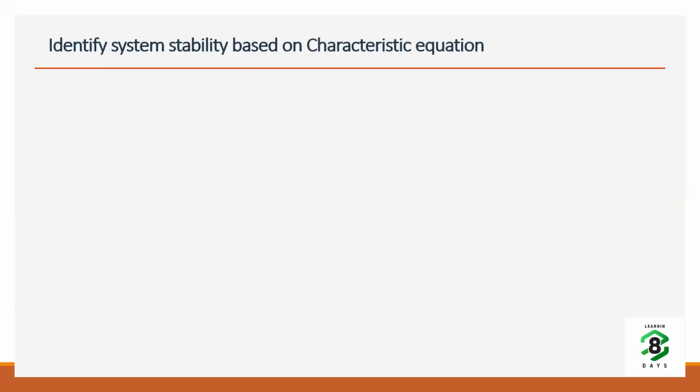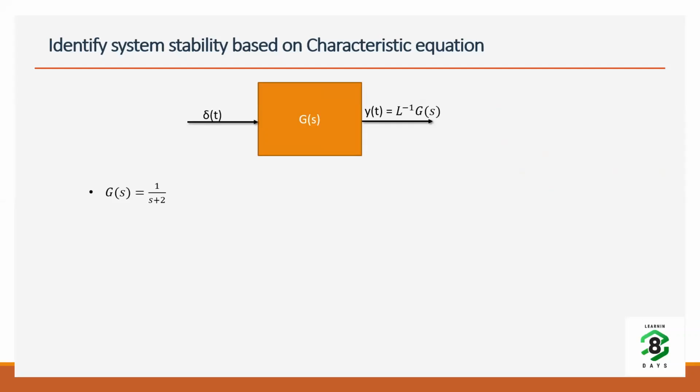I'll summarize again with a few examples. You have a first order system, and the transfer function is given by 1 by s plus 2. The characteristic equation is s plus 2 equal to 0, and the root is s equal to -2, and the impulse response is y(t) equal to e to the power minus 2t.